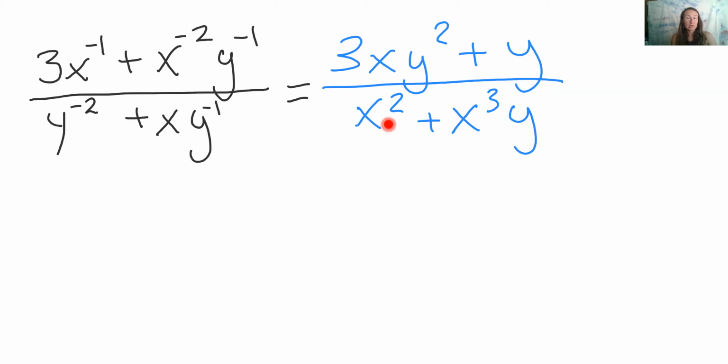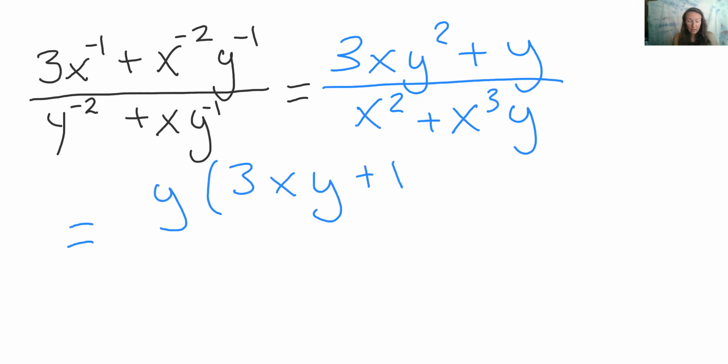Remember, we have binomials, so unless we have a difference of squares or a sum or difference of cubes, this can't be simplified. And as far as I can see, we don't have a difference of squares or sum or difference of cubes. So we will just factor out the GCF of the numerator, which is that y, and the GCF of the denominator, which is the x squared.